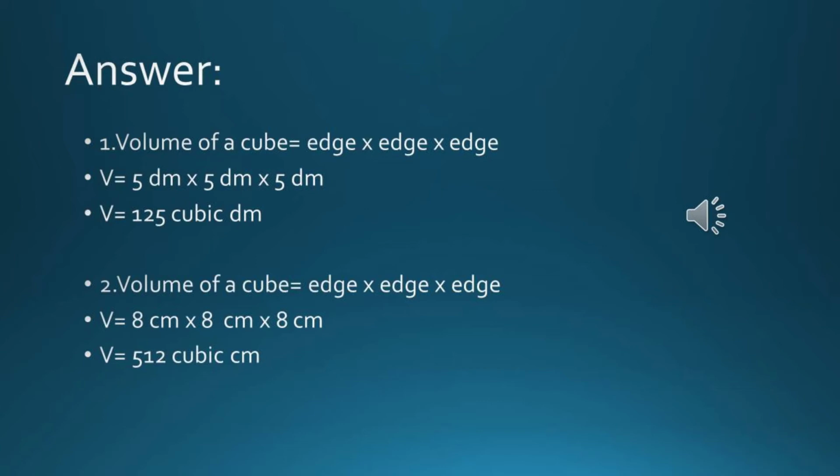Thus, the volume gives us 125 cubic decimeters. Number 2. The volume of a cube that has 8 centimeters for each edge gives us a volume equivalent to 512 cubic centimeters.